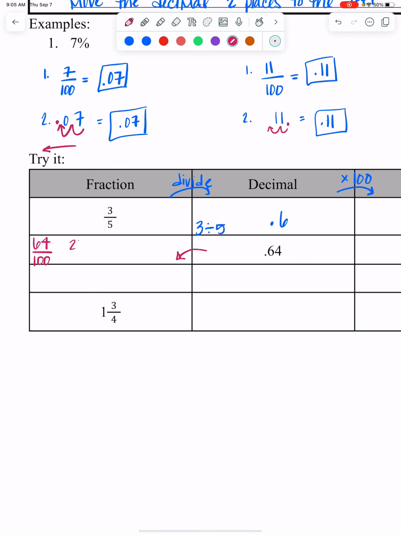That would get me 32 over 50. If I reduce by 2 again, I could get 16 over 25. And I'm pretty sure that is as reduced as it's going to get.